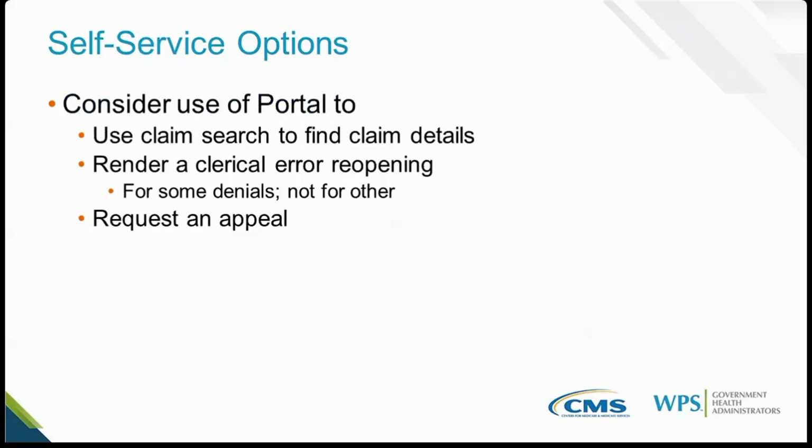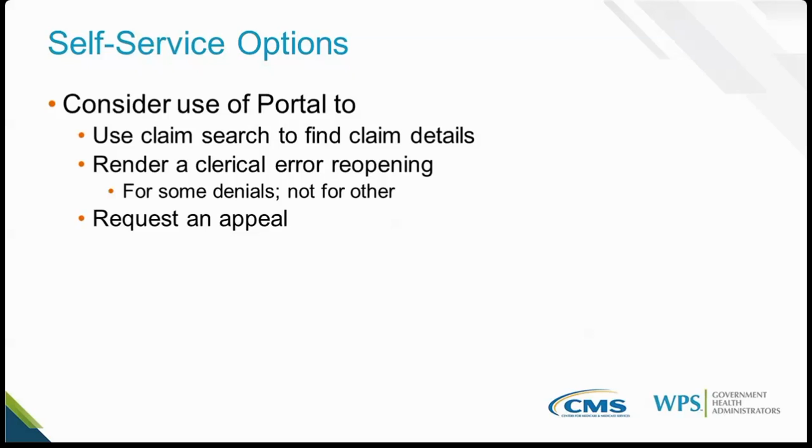I've talked about the various tools. You can use self-service options available in our portal to accomplish a number of functions. You can use that claim search to find claim details. It really is helpful for you to understand why a claim line or a claim denied. There's a lot of information built into that More Info button that will be helpful to you.